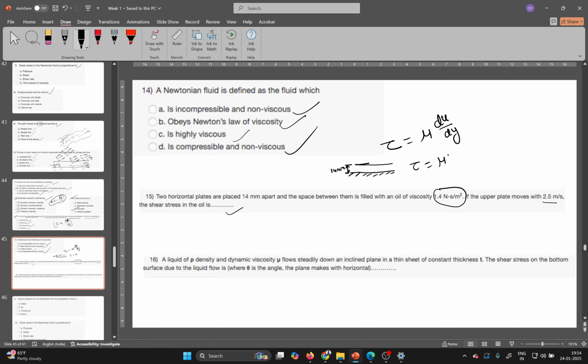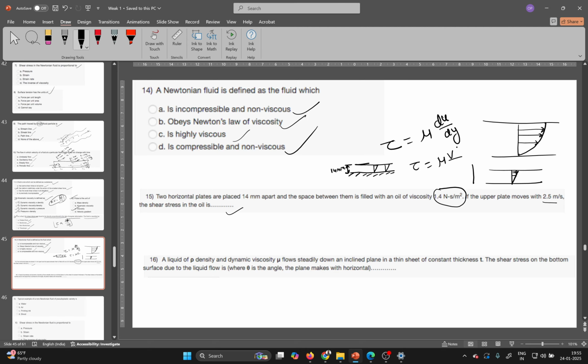So you can assume the velocity change is linear, like that. Actually, if the plate distance is large, your velocity changes like that. But here the space between the plates is very low, so the velocity changes linearly, like that. In zoom view, if I show you, linear.